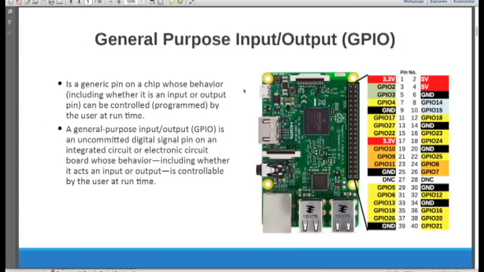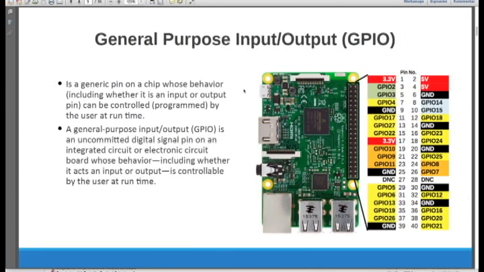It is a pin where you can decide as a programmer whether it is used as an input or an output, and you can reprogram it for many different occasions, often used in multimedia applications.